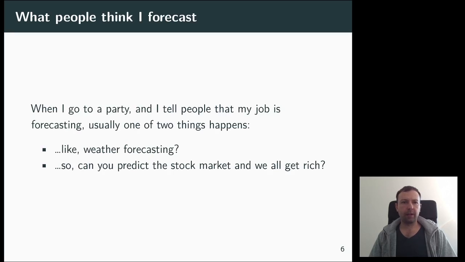However, what people think I forecast is usually a bit different. When I go to a party and I tell people that my job is forecasting, then usually one of two things happens. Either people ask me, oh, so you do weather forecasting. Or people say, oh, so you can predict the stock market and we all get rich.